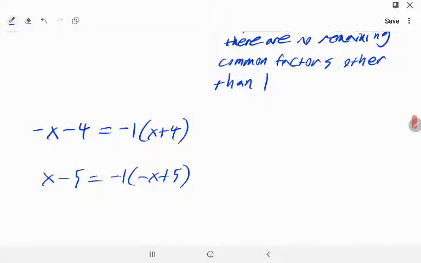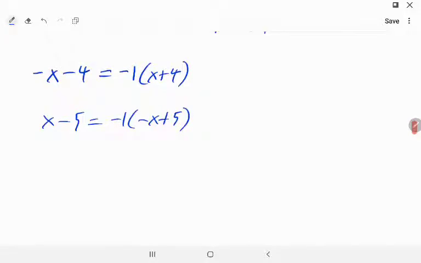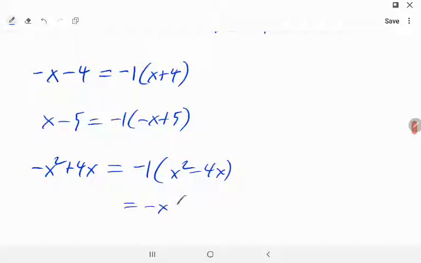If we have a negative coefficient of x, like negative x squared plus 4x, we might want to pull out a negative 1, which leaves behind x squared minus 4x. Then we can pull an x out. We get negative x times the quantity x minus 4.